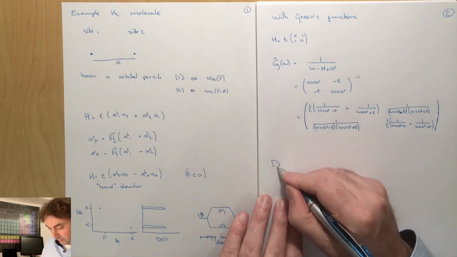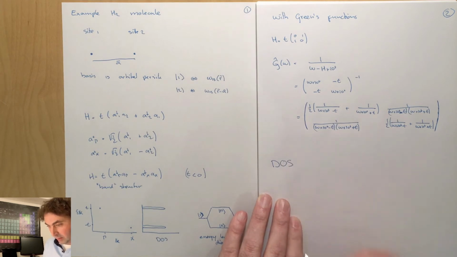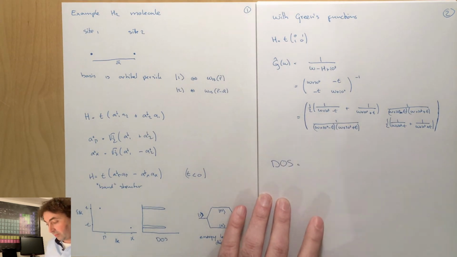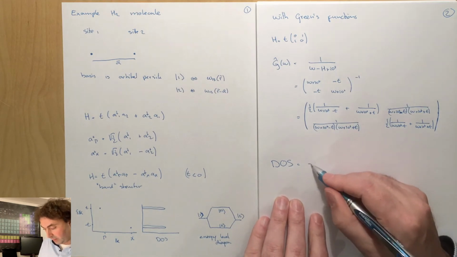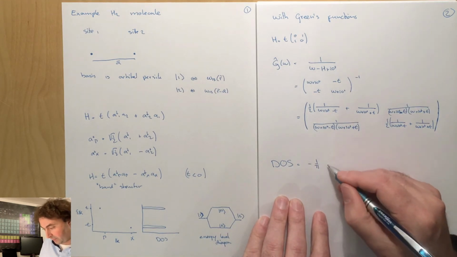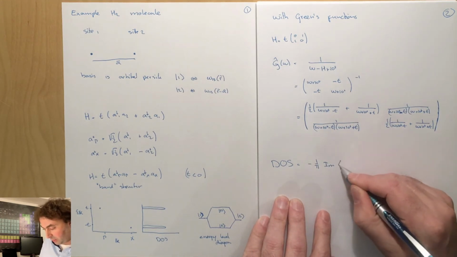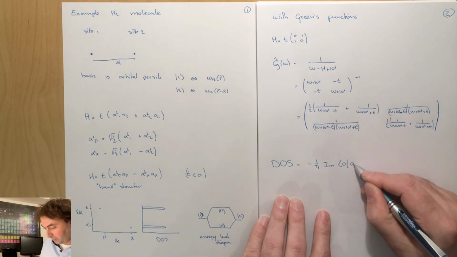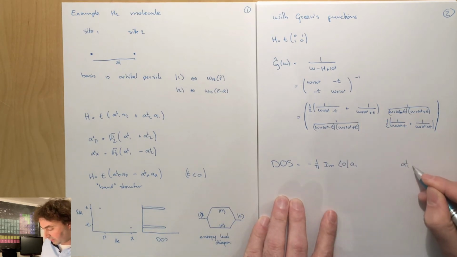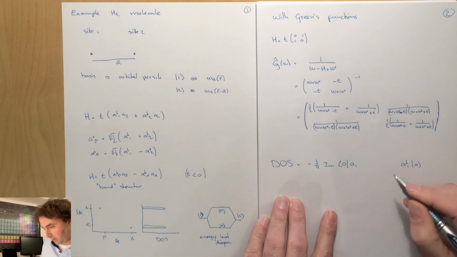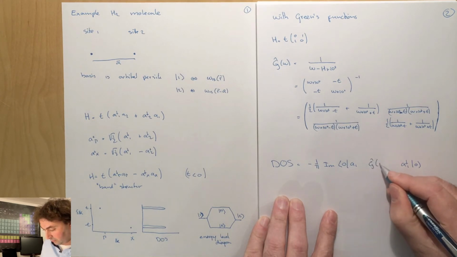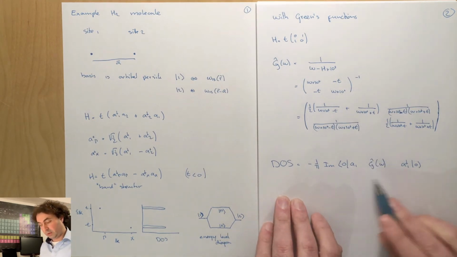Now we can look at our densities of states, which is minus 1 over pi, the imaginary part, of the vacuum creating and annihilating the particle in a local state, which we can take as 1.